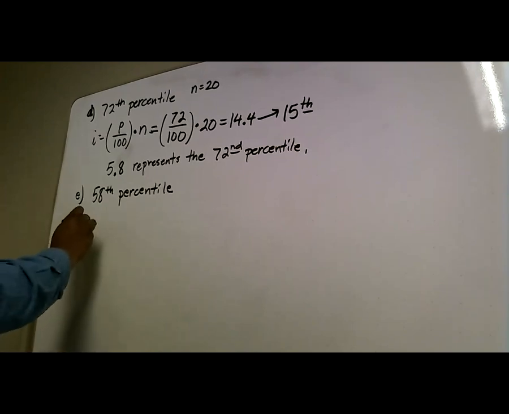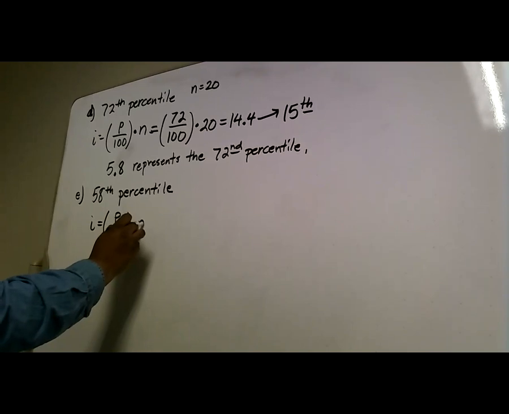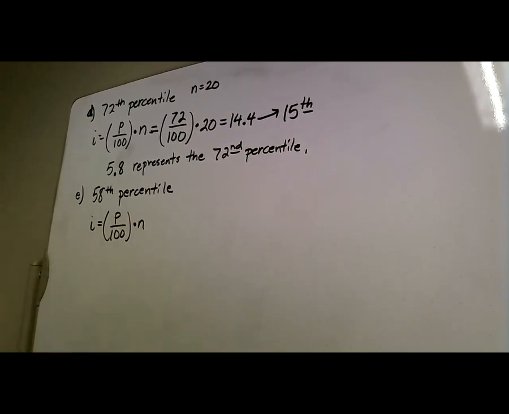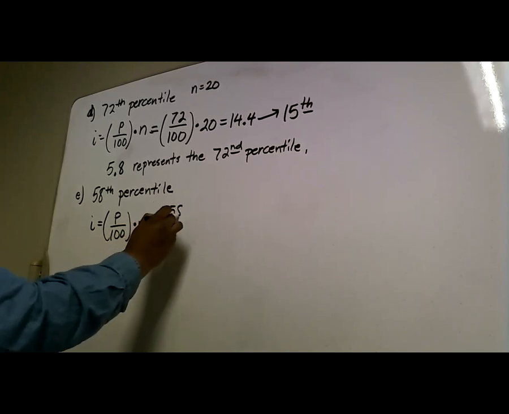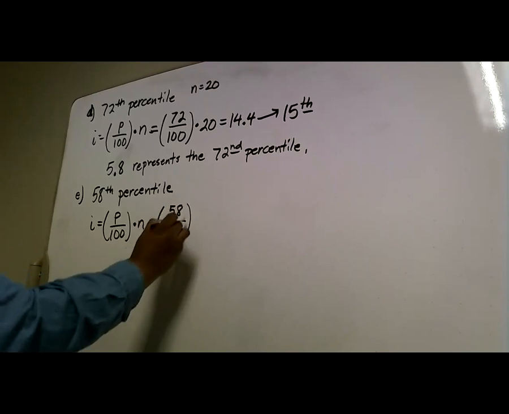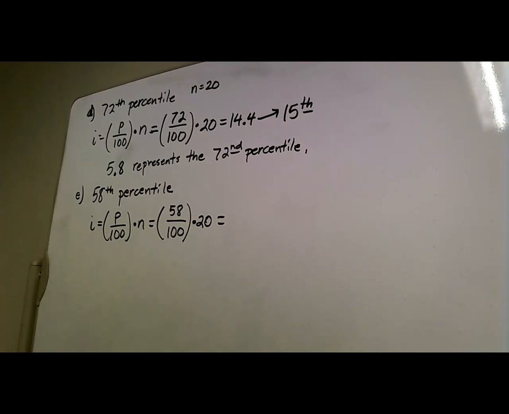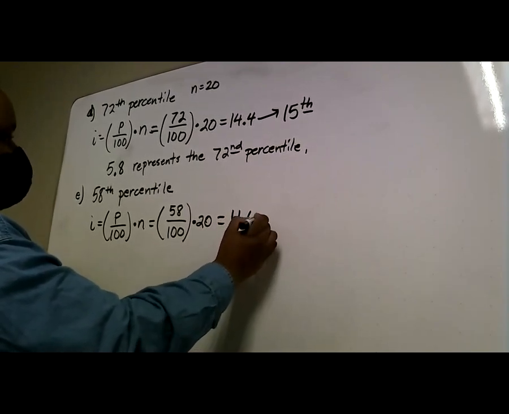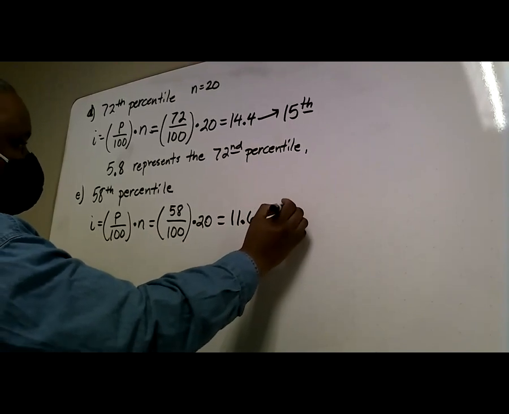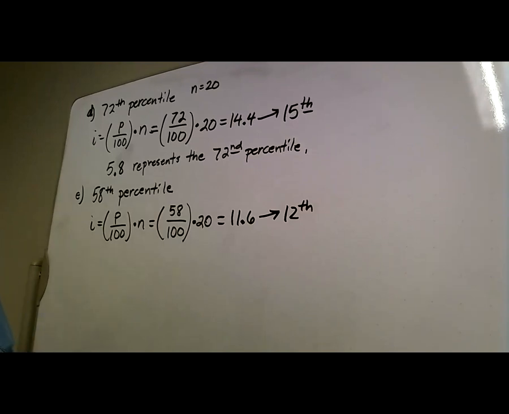So here, that's where we use I is equal to P over 100 times N. This time your P is 58 divided by 100 times N, still 20. So now it's 58 divided by 100 times 20, 11.6. Again, that's a decimal, not a whole number, so we need to round this up to 12. So we need the 12th data value.